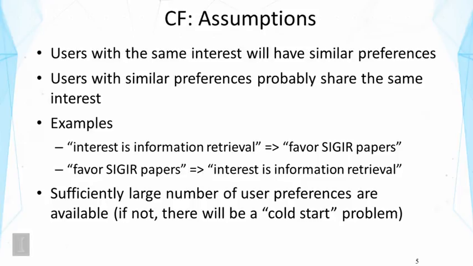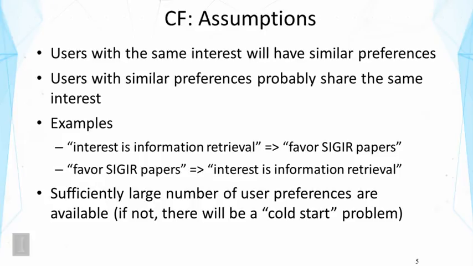That's the assumption that we make. And if this assumption is true, then it would help collaborative filtering to work well. We can also assume that if we see people favor CSRA papers, then we can infer their interest is probably in information retrieval. So in these simple examples, it seems to make sense. And in many cases, such an assumption actually does make sense.